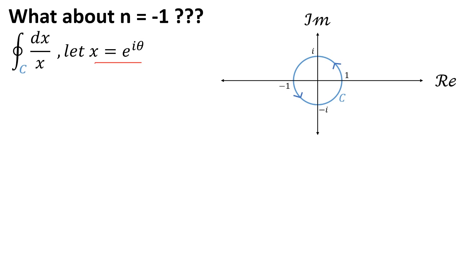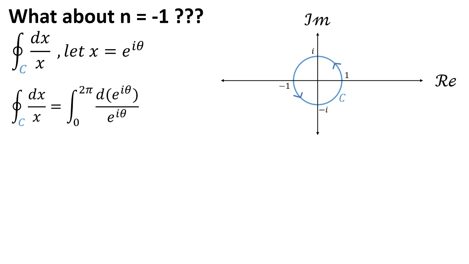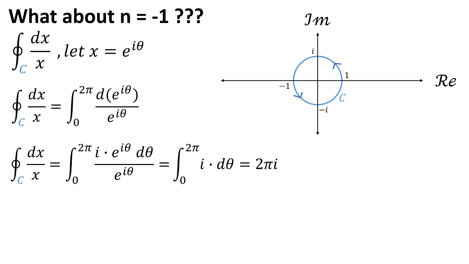So we're going to do the substitution e to the i theta. Of course, we have to take the derivative of that, and as you'll see, when we took the derivative, an i pops out just like before. But look at this.